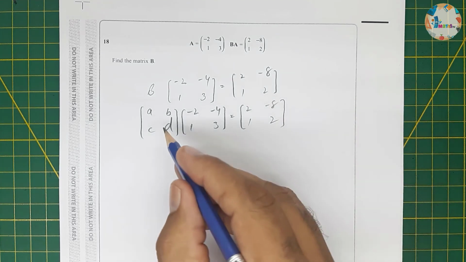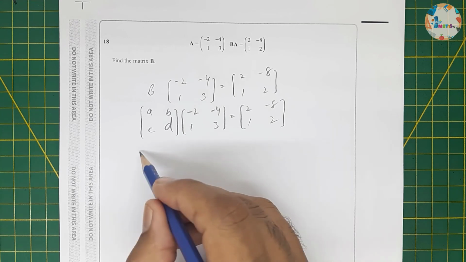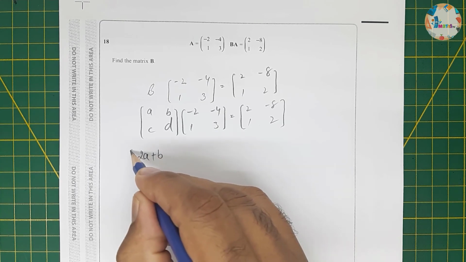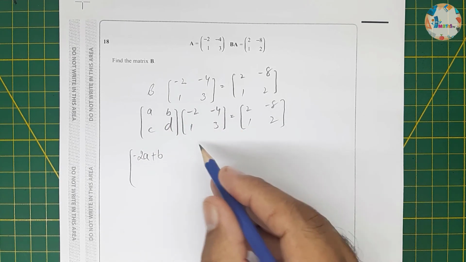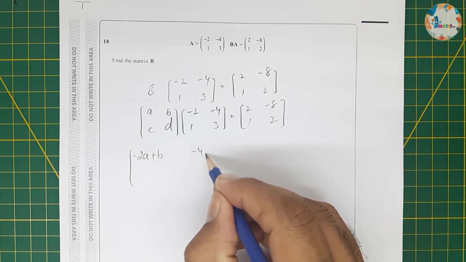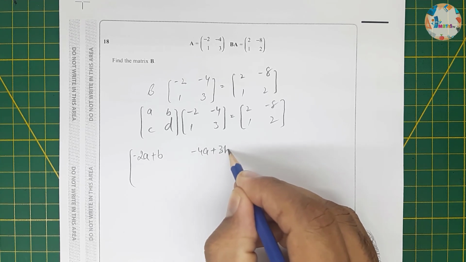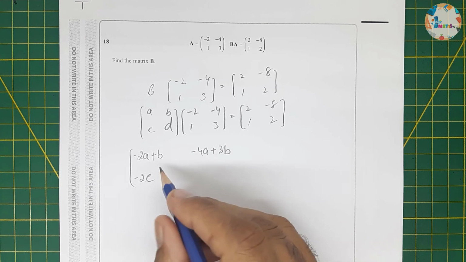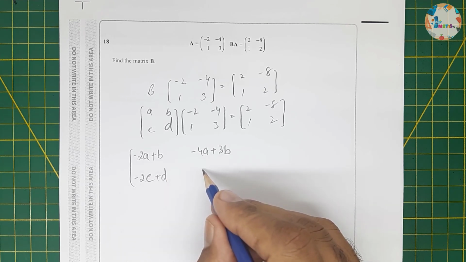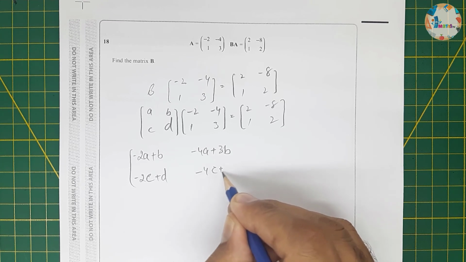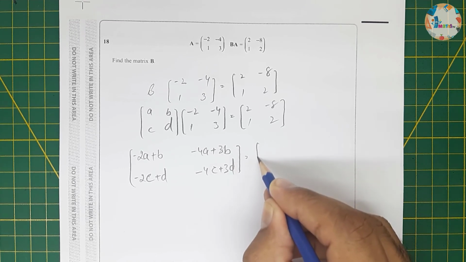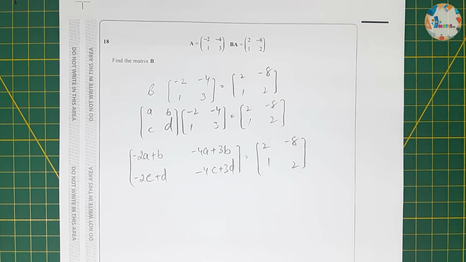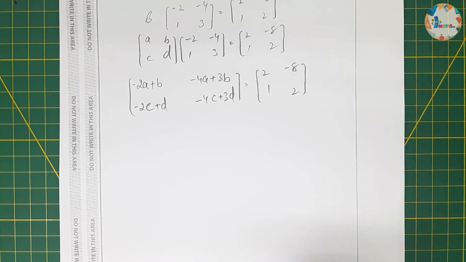Now we multiply: first term is minus 2a plus b, second term is minus 4a plus 3b, second row first column is minus 2c plus d, and this is minus 4c plus 3d, and this is equal to 2, 1, minus 8 and 2. Now we can equalize and get the equations.